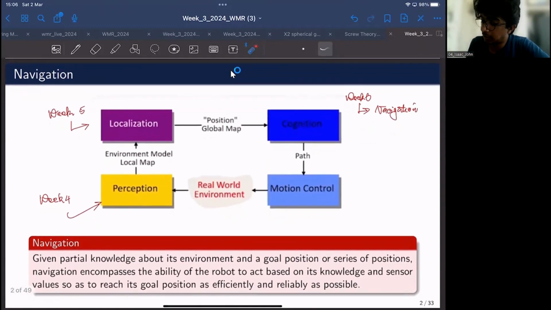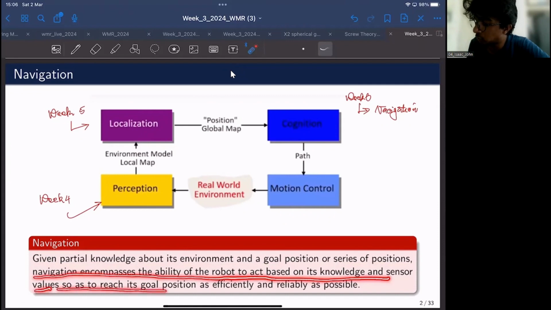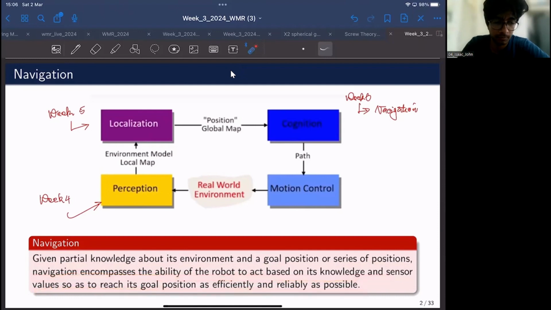So basically, what navigation means is that, given partial knowledge about its environment and a goal position or a series of positions, navigation encompasses the ability of a robot to act based on its knowledge and sensor values so as to reach its goal position as efficiently and reliably as possible.